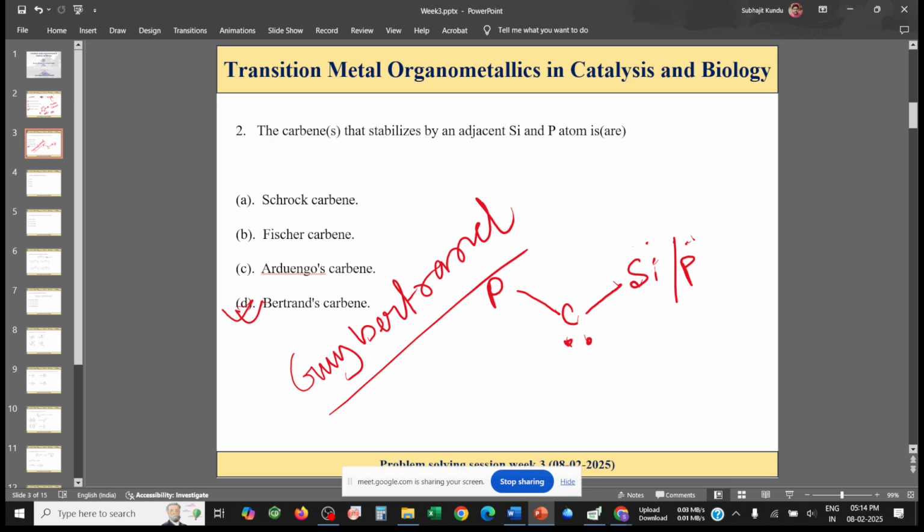So now we have seen four types of carbene system: Schrock carbene, Fischer carbene, Arduengo carbene, and Bertrand carbene. If silicon and phosphorus are present adjacent to the carbene carbon, we call it a Bertrand carbene.